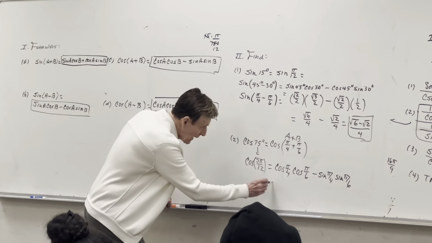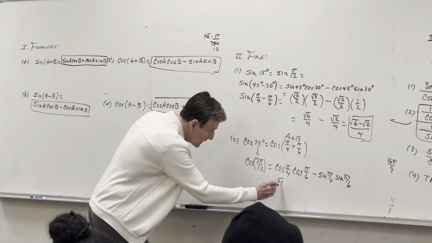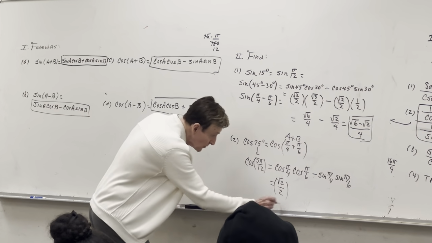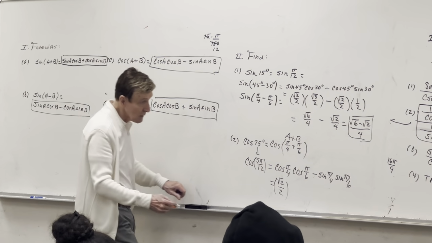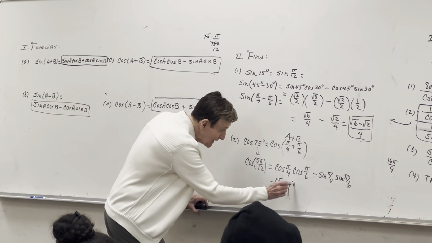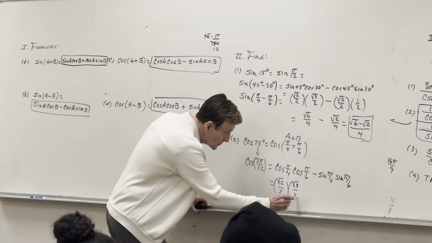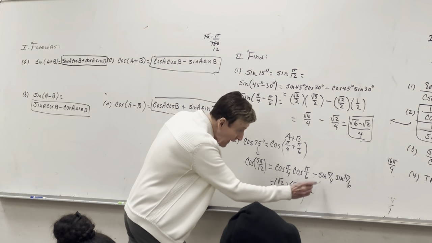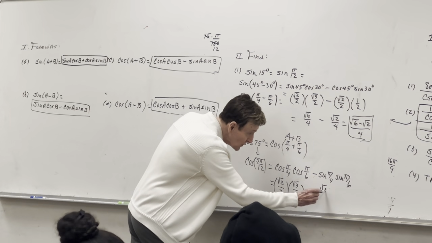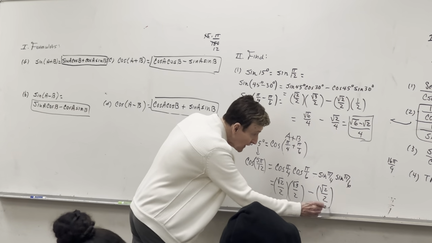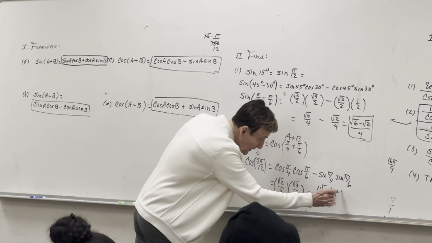This is cosine pi over 4, radical 2 over 2. He has taken me back to the unit circle. Cosine pi over 6, radical 3 over 2. Sine of pi over 4, radical 2 over 2. And sine of pi over 6, sine of 30, 1/2.